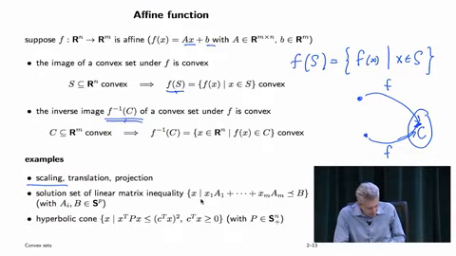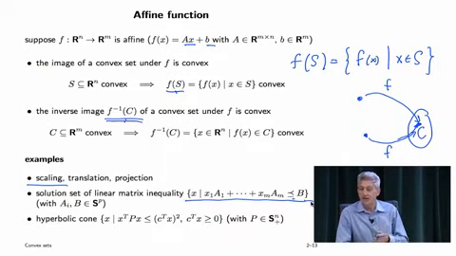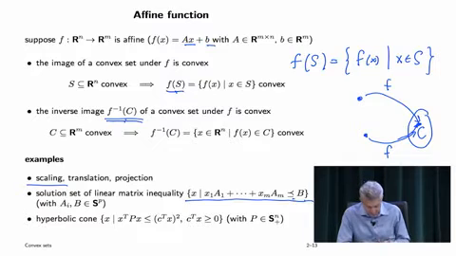Here's one we'll see fairly often. It's called a linear matrix inequality. It says this: I have a bunch of matrices, A1 through Am. I form the sum of xi times Ai, and I say that's less than or equal to B, where B is a symmetric matrix. This is in the matrix sense.